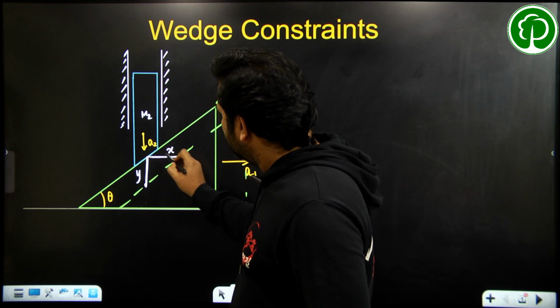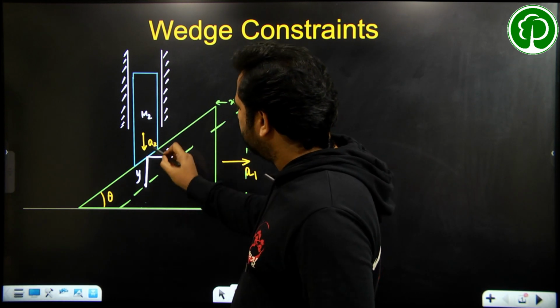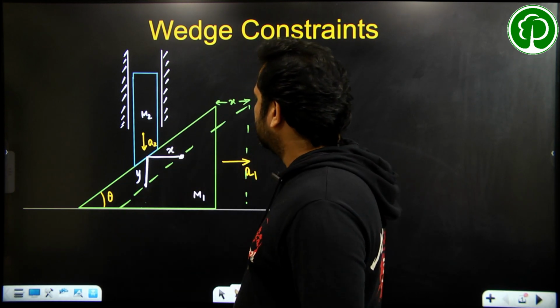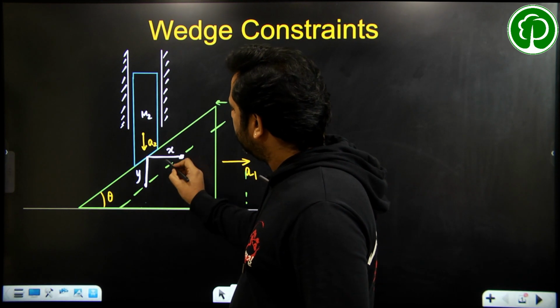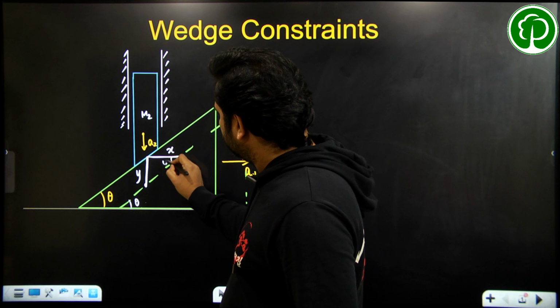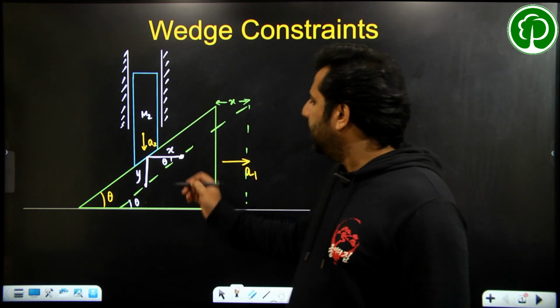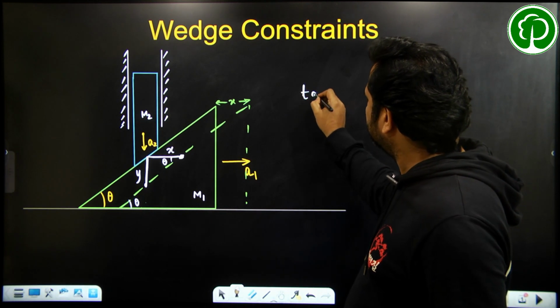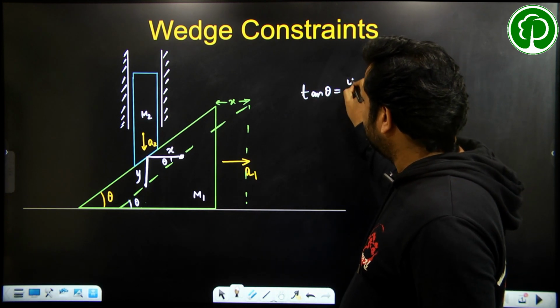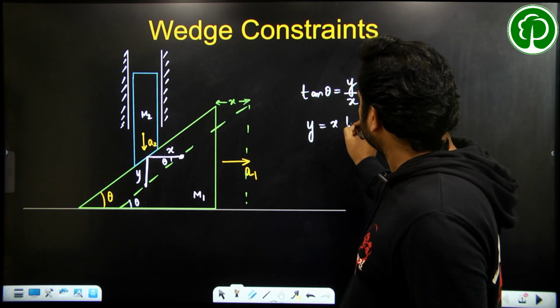Initially it was here, now it moved by x distance because the displacement of the wedge is x, the displacement of the block is y downwards, and if this angle is theta, this is also theta, since alternate angles are equal. Now the relation between y and x is tan theta equals y by x, or y is equal to x tan theta.